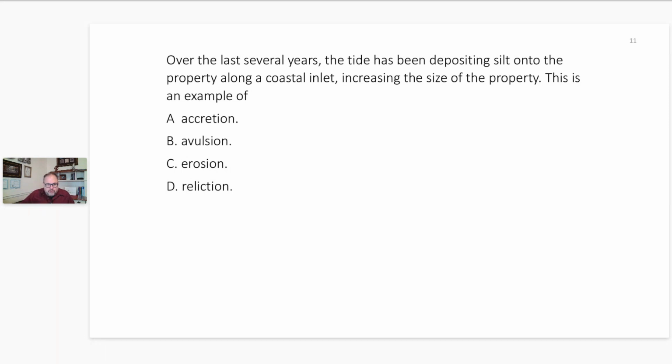There's your key words. If the question were to ask, what's the land called because of this depositing silt? That's called the alluvion. So make sure you characterize the test question and answer what they're asking for. So we're talking about answer A.